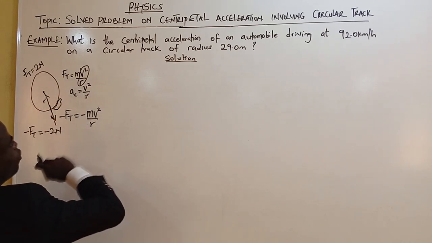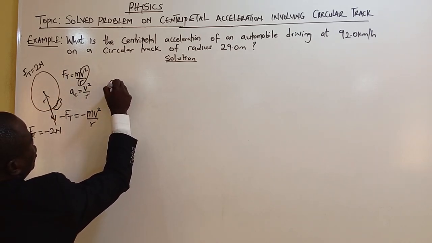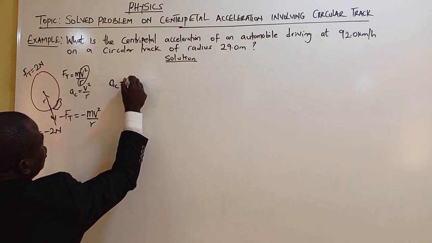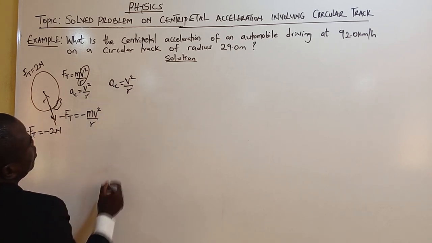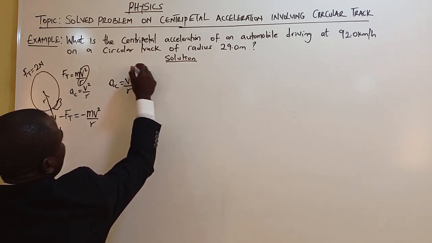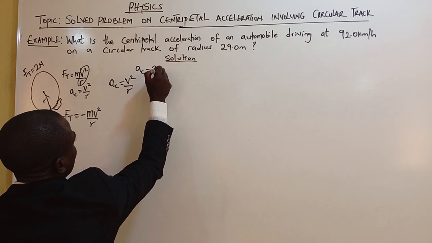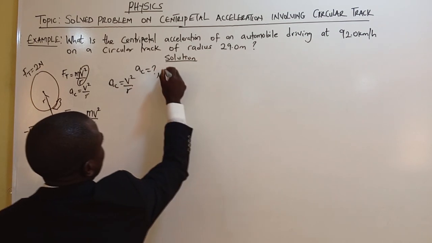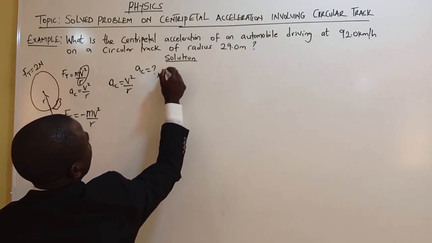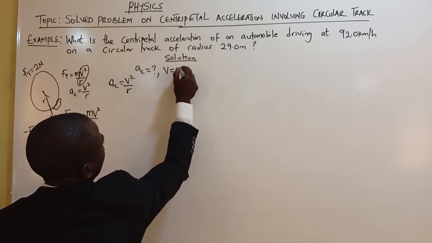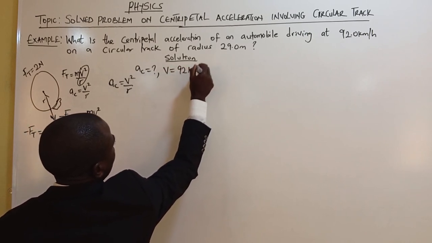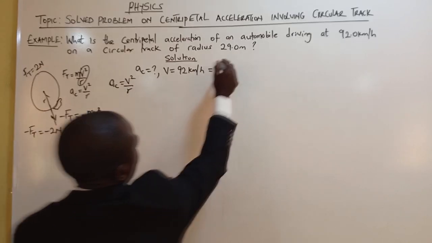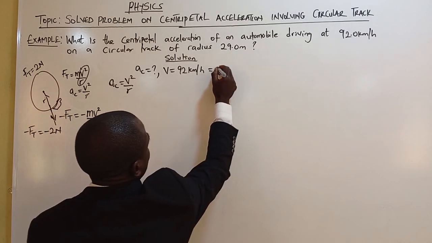Likewise, centripetal force. Now, centripetal acceleration equals v squared over r, and that's what we are looking for, and we have the velocity, the speed given to us, v equals 92 kilometer per hour. It's not a standard unit. We have to convert it.